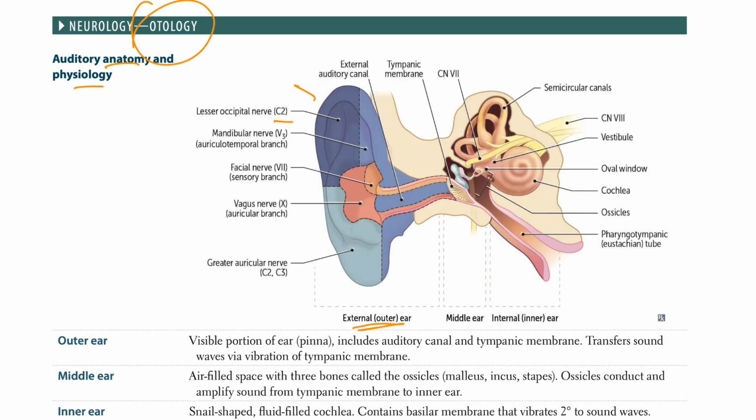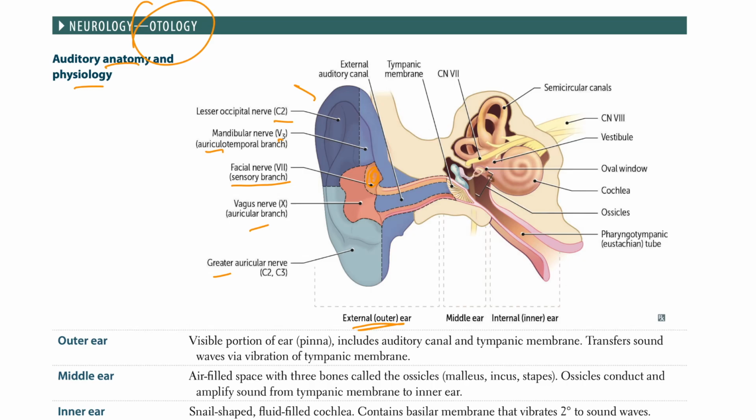The medial part of the upper part is supplied by the V3, which is called the auriculotemporal branch. The facial nerve supplies the very inner part as the facial sensory branch. The vagus nerve also supplies the inner part. And then you have the greater auricular nerve, which supplies the lower part of the lobe.